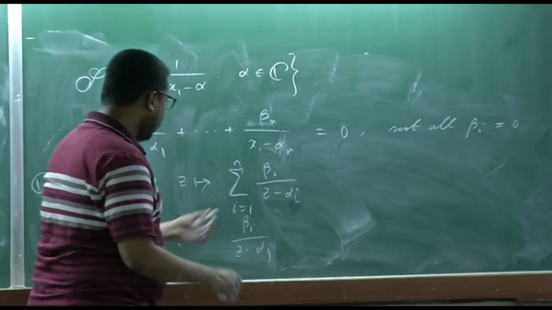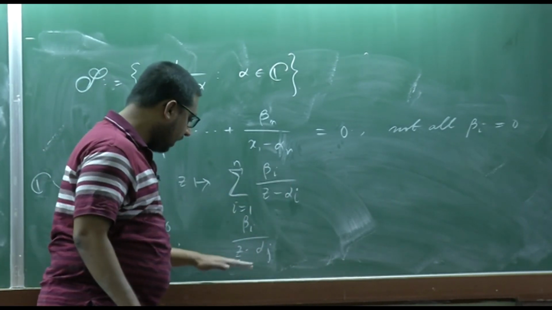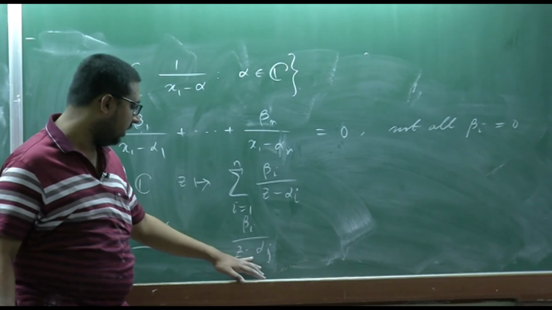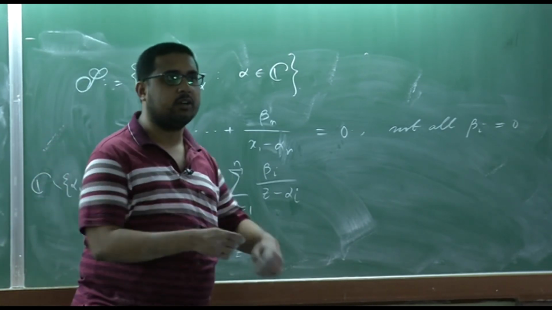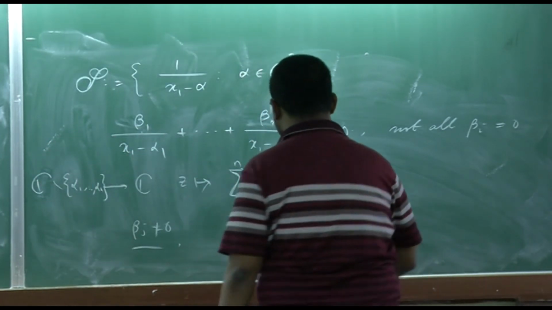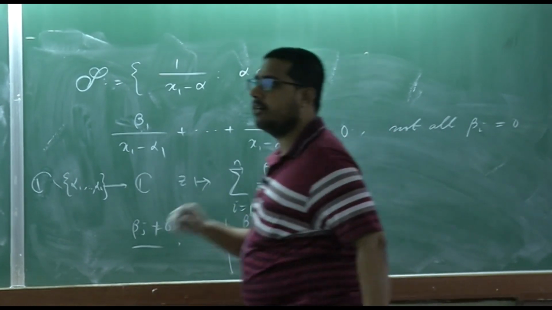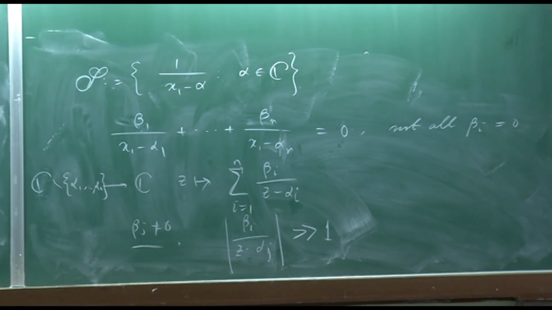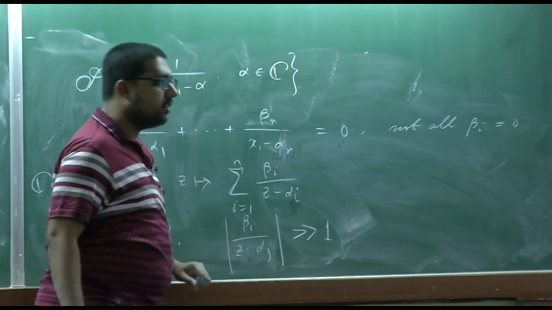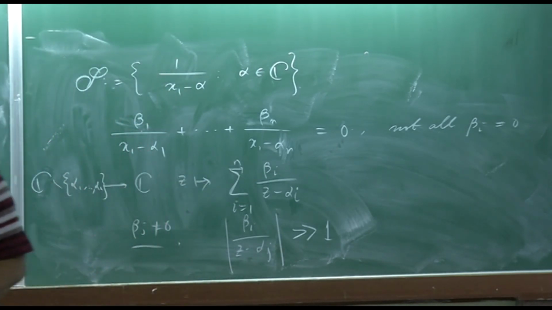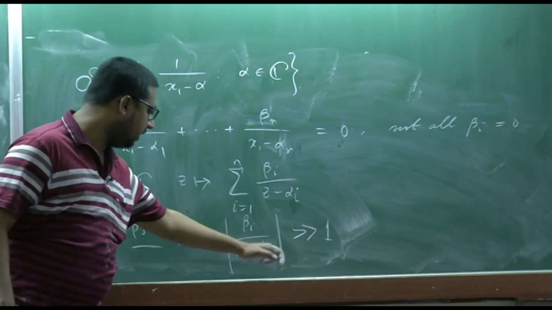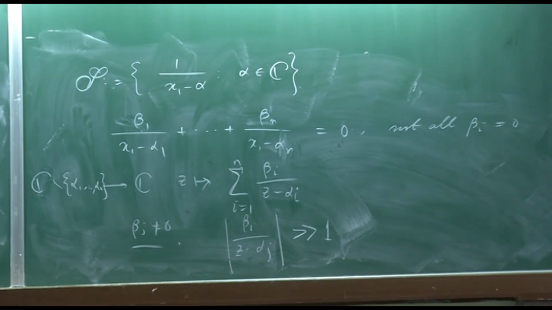For this term b_j, if you take z close to alpha_j, then the denominator z minus alpha_j is getting closer and closer to 0. Therefore this term will have very high absolute value, and that prevents this function from being 0 everywhere in its domain. Let me explain again; this is an analytic argument using epsilon delta.